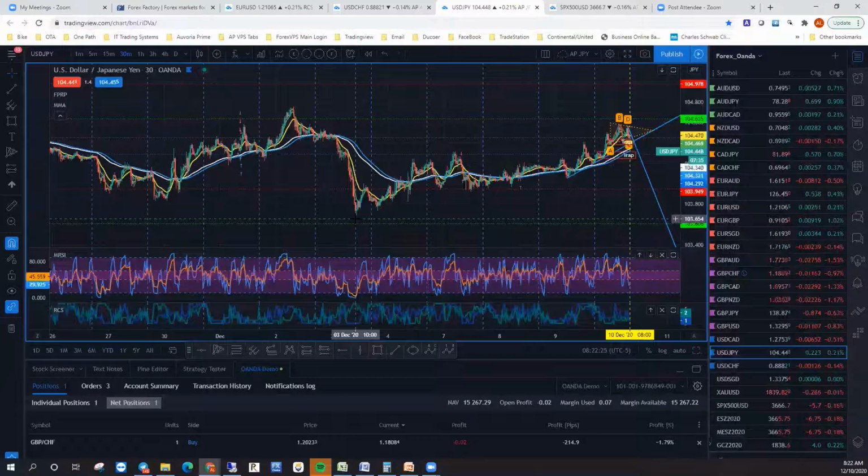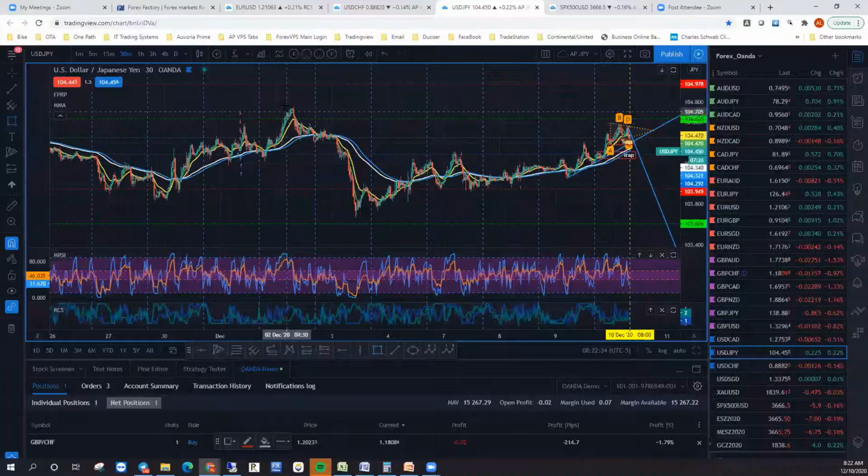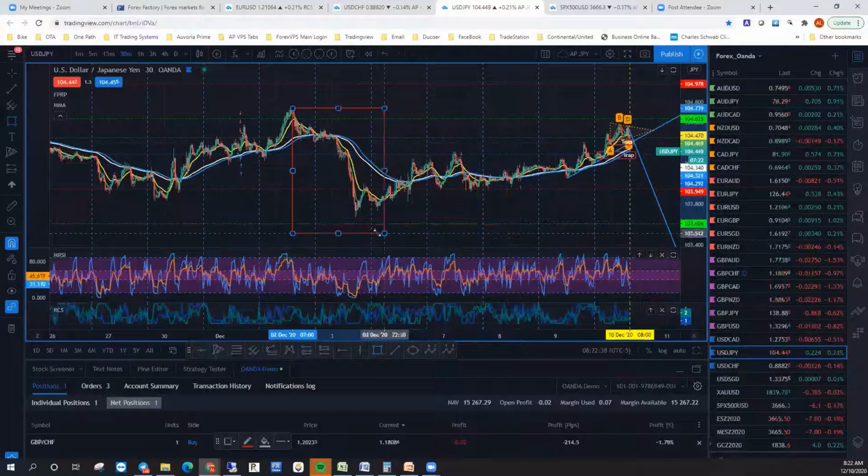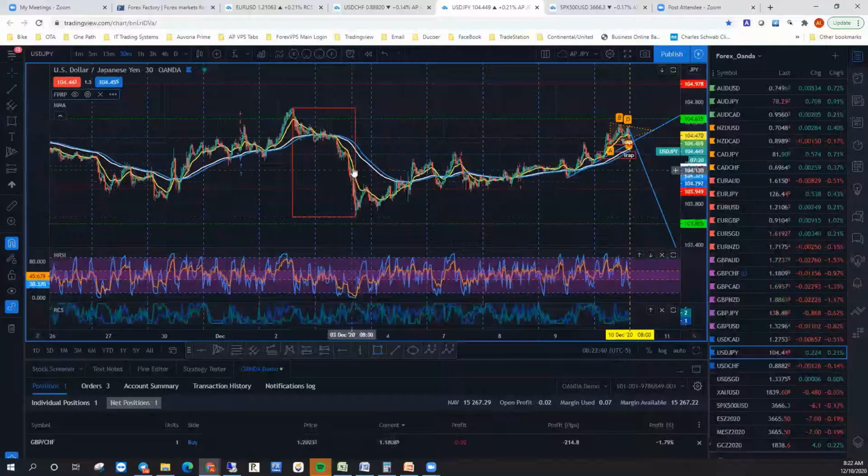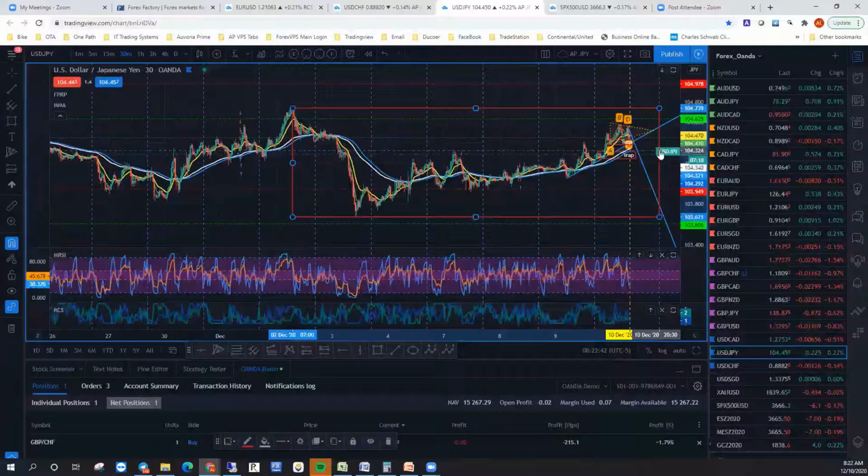Well, let's look. This is the 3rd, 2nd, 1st. So this is the beginning of the new month. Let's show the range that we have from the whole month of December right now. This is the high, here's the low, and we are in the top part of the monthly range. Here's December 2nd, here's the 1st.